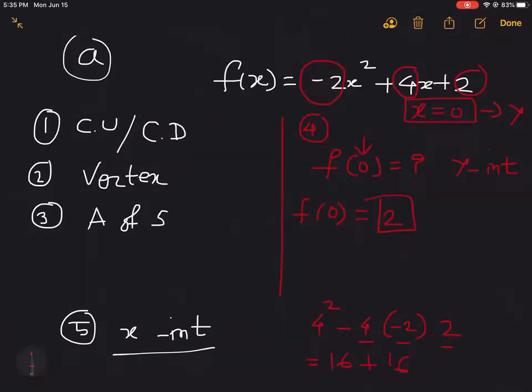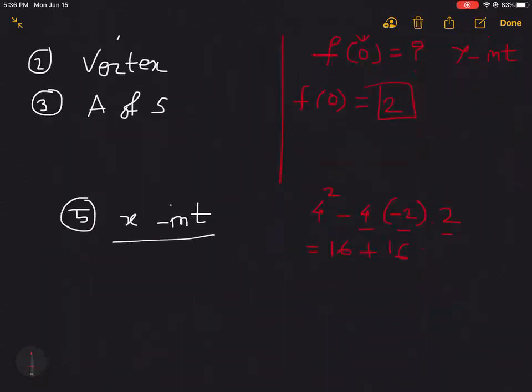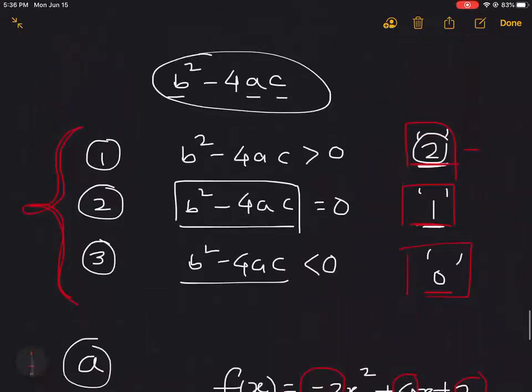What happened? No, it's okay. So we'll have 32. As this is strictly greater than 0, our intuition says we'll have 2 distinct intercepts.